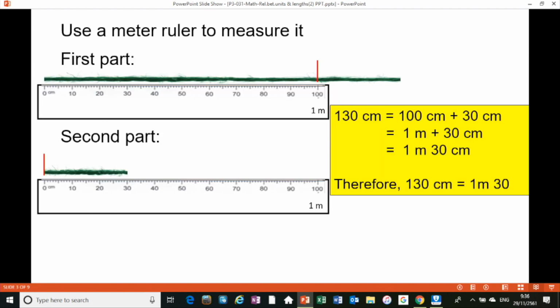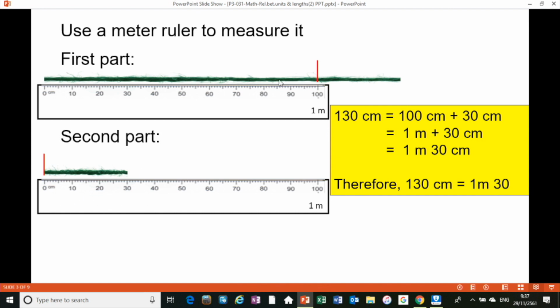You see, with a meter ruler, we would take the first part to measure 1 meter. 100 centimeters is 1 meter. But then we still have some left over. We have the second part, 30 centimeters.